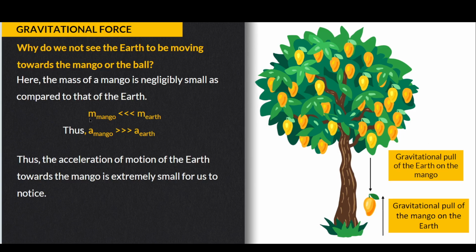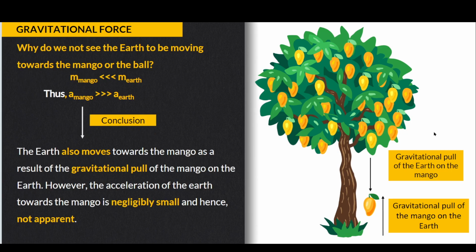Acceleration means how velocity is changing, how speed is changing with time, and it is inversely proportional to mass. So the earth also moves towards the mango as a result of the gravitational pull of the mango on the earth. However, the acceleration of the earth towards the mango is very small, and that's why we ignore it and cannot see it.